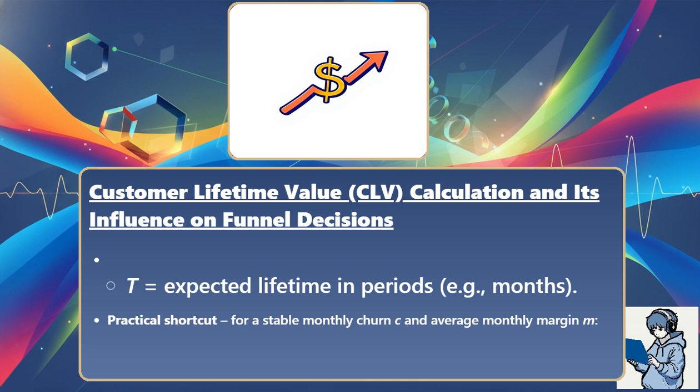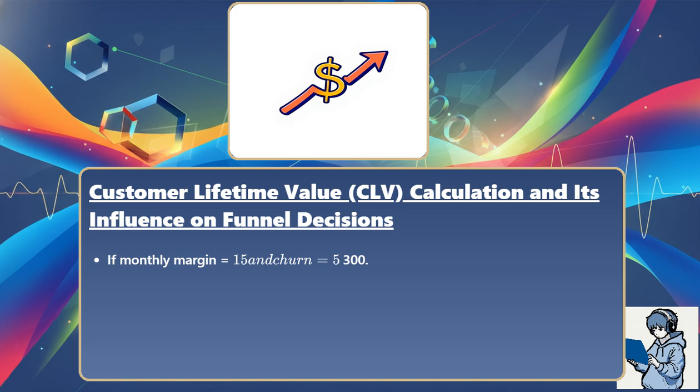Practical shortcut for a stable monthly churn C and average monthly margin M: CLV approximately equals M divided by C. If monthly margin equals $15 and churn equals 5%, CLV is approximately $300. Influence on funnel decisions.